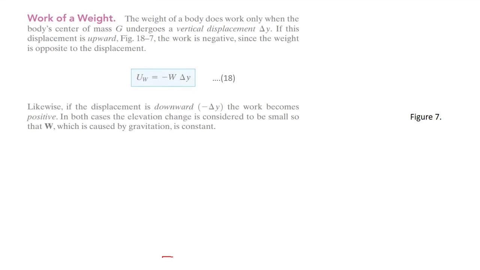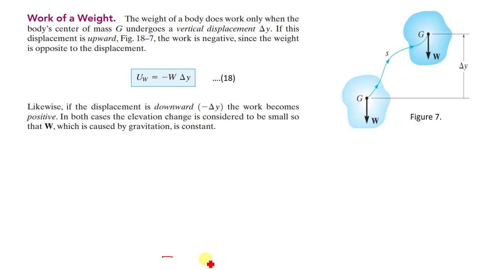Okay, so let's now look at the work of a weight. The weight of a body does work only when the body's center of mass G undergoes the vertical displacement Y. If this displacement is upward, the work is negative, since the work is opposite the displacement.